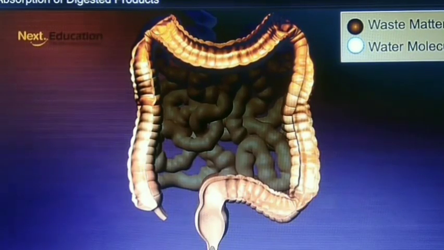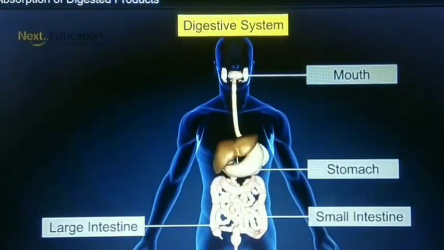That process is called defecation. Okay, so now we studied the absorption of digested products.